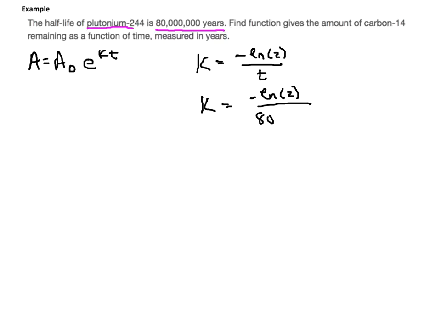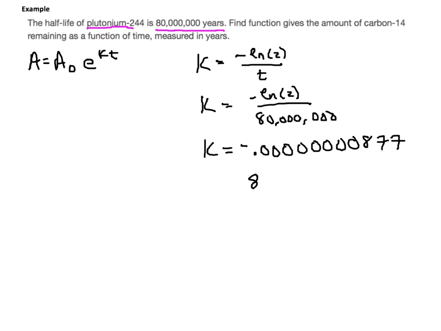So the negative ln of 2 divided by 80 million, when I put that into my calculator, I get negative 0.000000000877. Now, your calculator is not going to put all that on there. What it's going to do is say 8.76, blah, blah, blah, and then it'll say e to the negative 9th.